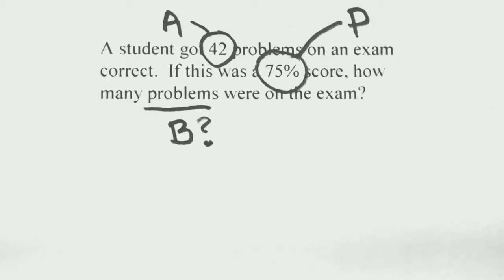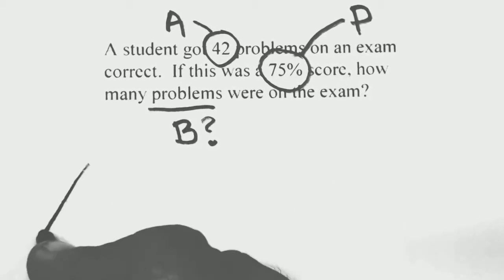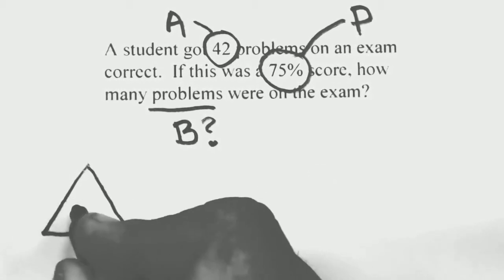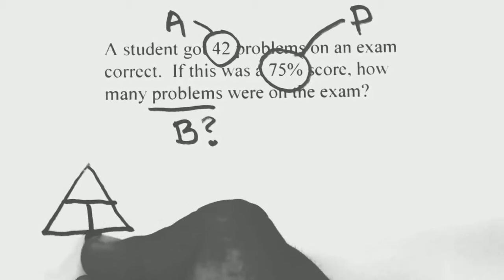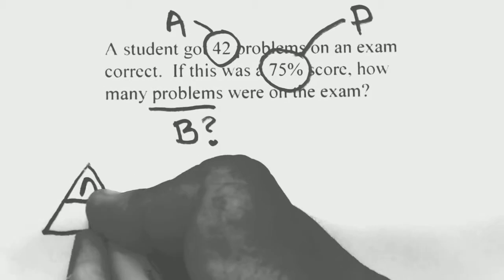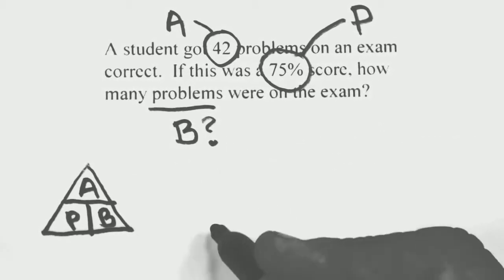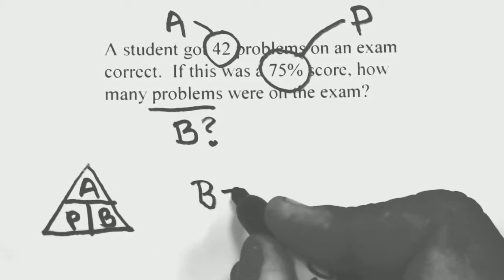Okay, well now, we need to solve this. Let's remind you here that if we make that triangle, put the T in it, and put the basic formula in here, A on top and P and B on the bottom, we're solving for B here. So what is B equal to in this problem?